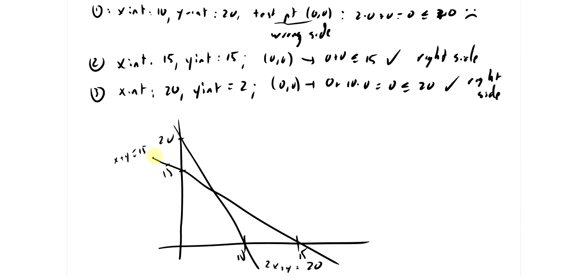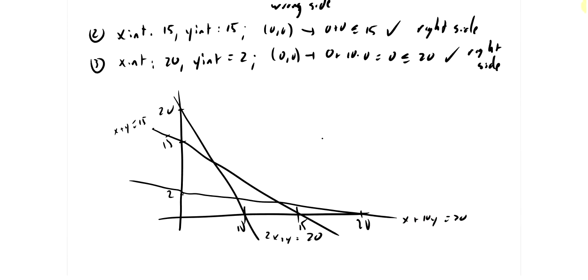And then the last line has a y-intercept of 2 and an x-intercept of 20. Of course, it's always easier to draw the line first and then put in the intercept. And this line here is x plus 10y equals 20. Great.